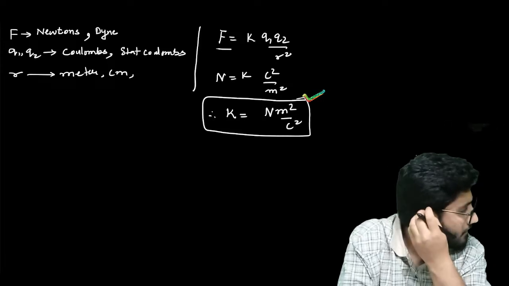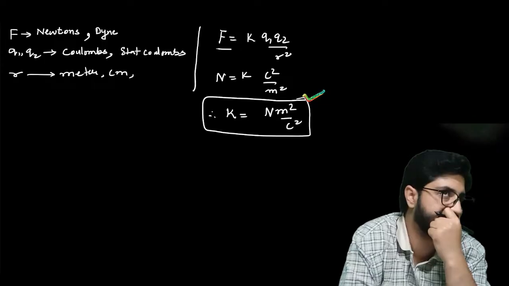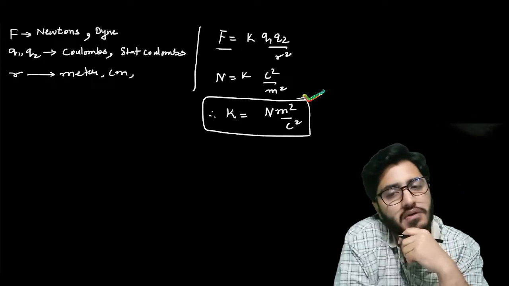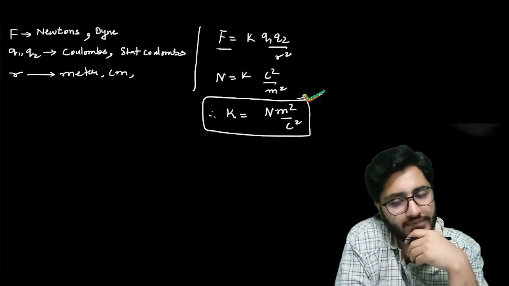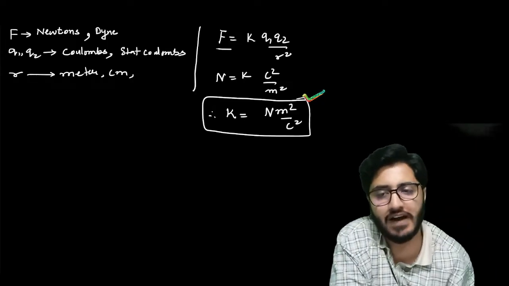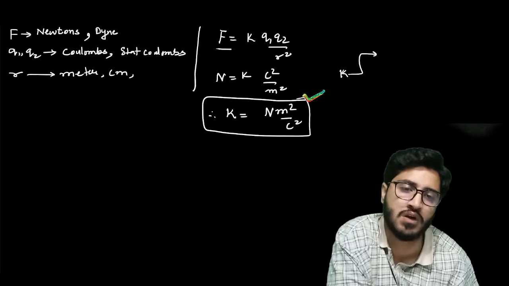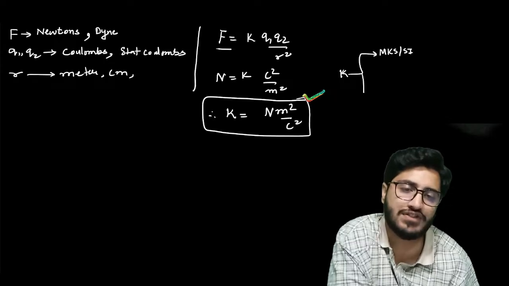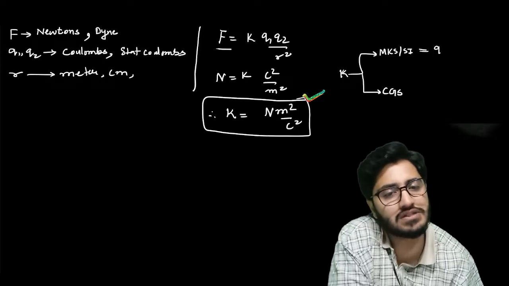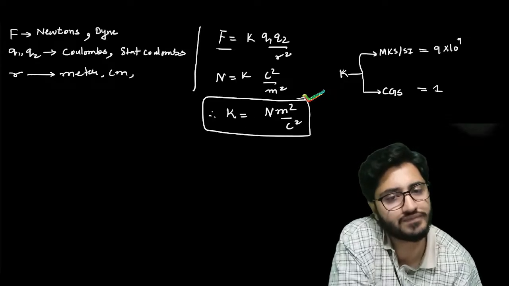Okay, and if we are talking about the value of it, K has two values: one in MKS or SI, and one in CGS, for air or vacuum. In MKS the value is 9 into 10 to the power 9. In CGS it is 1.